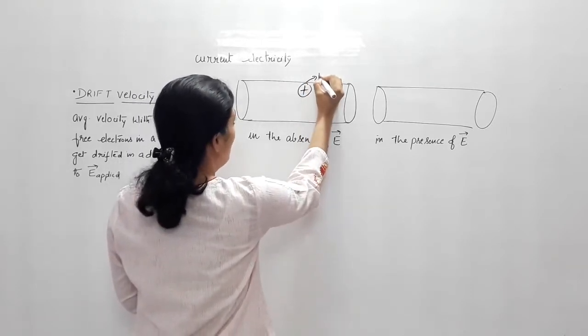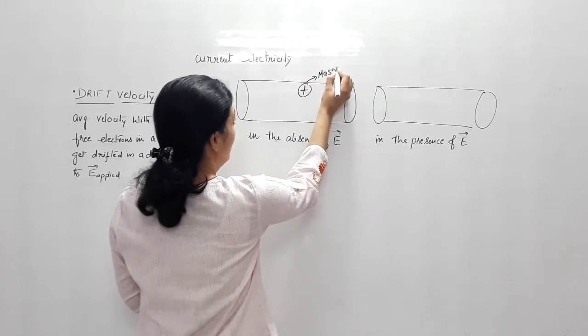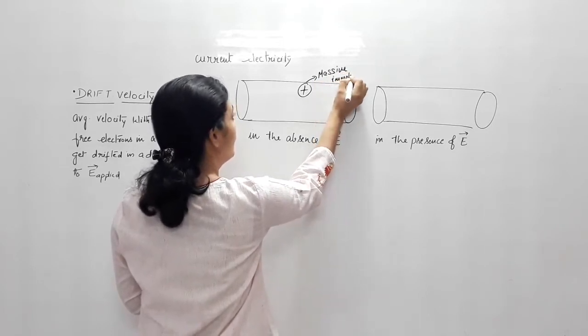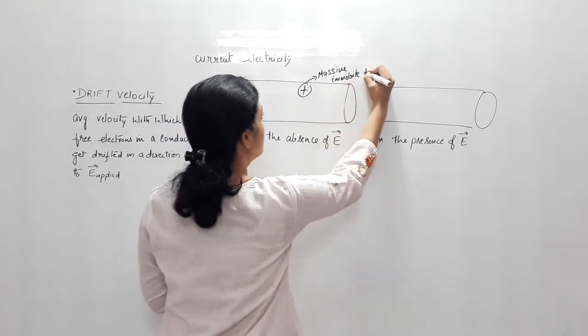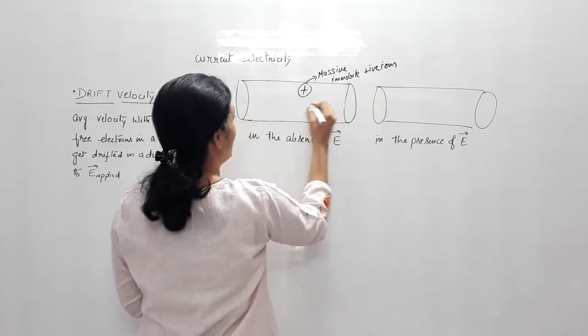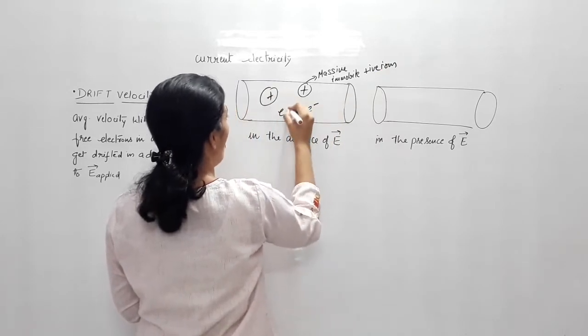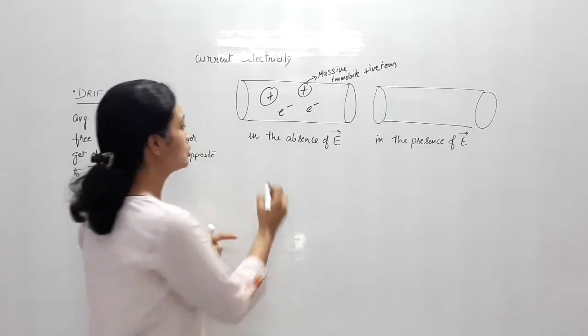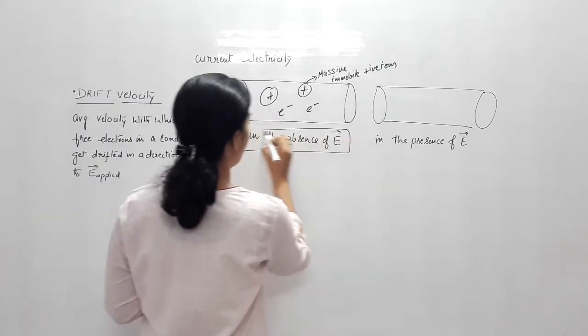They are massive and they are immobile. Positive ions, and at the same time we have electrons, and they are all randomly distributed. Now, in the absence of electric field, this is something very important.